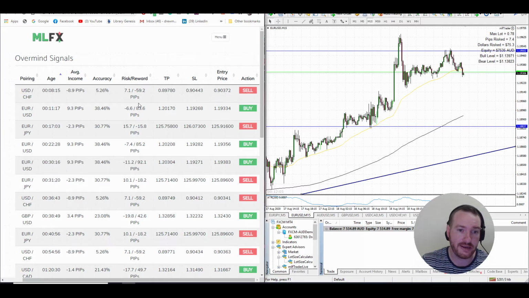And by nature, you will never have a trade show up here that has a lower take profit than it does stop loss in terms of pip value, right? So this will be the lowest that you ever get on this trade here, a 15.7 to a 15.8. So it's a 1 point difference.